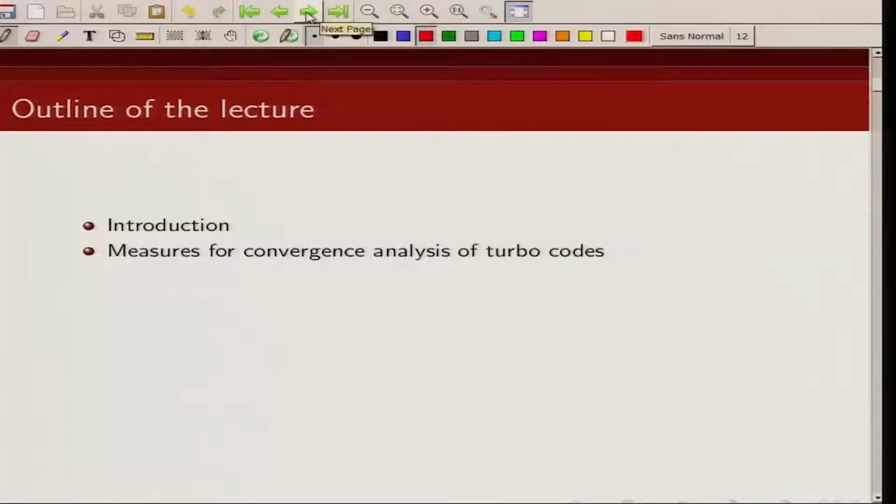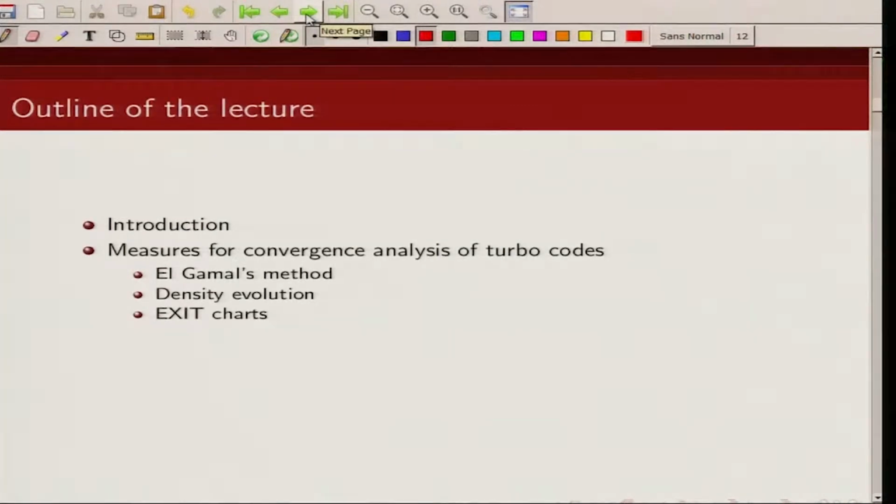So with brief introduction, we will talk about what are the various measures for convergence analysis, and in particular we are going to talk about these three methods. The first method, which is based on Gaussian approximation and which involves tracking the mean of the extrinsic values, a method proposed by Al-Gamal.